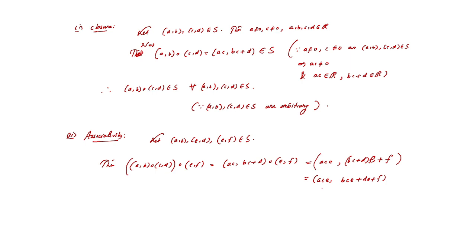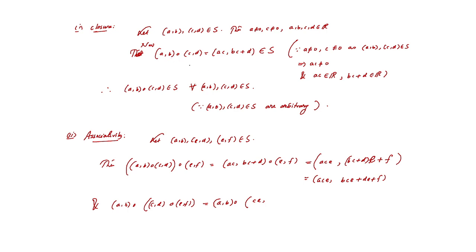D plus F. Now we will calculate here (A,B) ∘ ((C,D) ∘ (E,F)), and it will be (A,B) ∘ (CE, D plus F). Here you will see (A,B) ∘ (C,D) will be (AC, BC plus D).